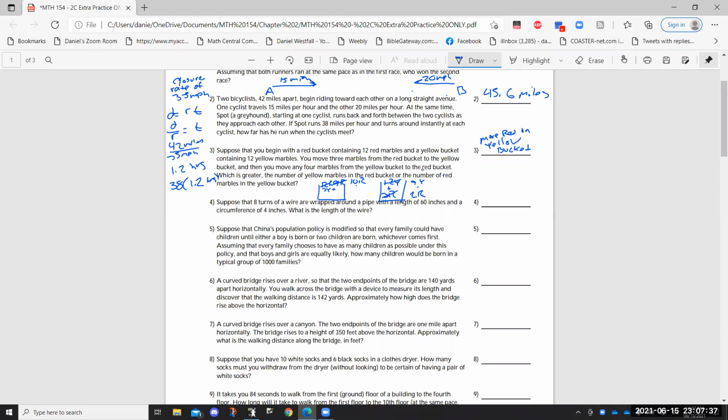You can check all those situations and see in every single one there's going to be more red marbles in the yellow bucket than there's going to be yellow marbles in the red bucket.